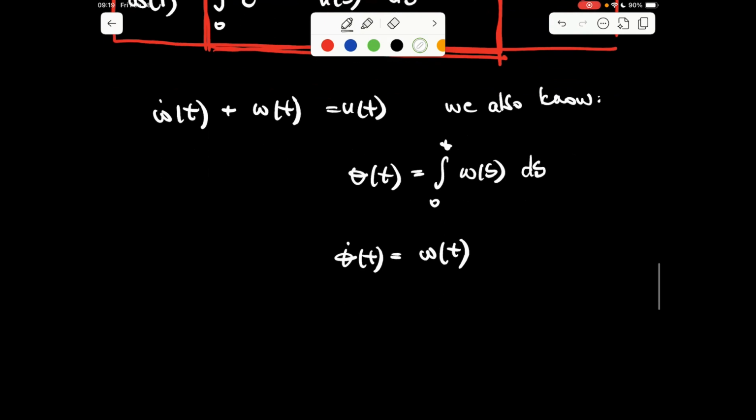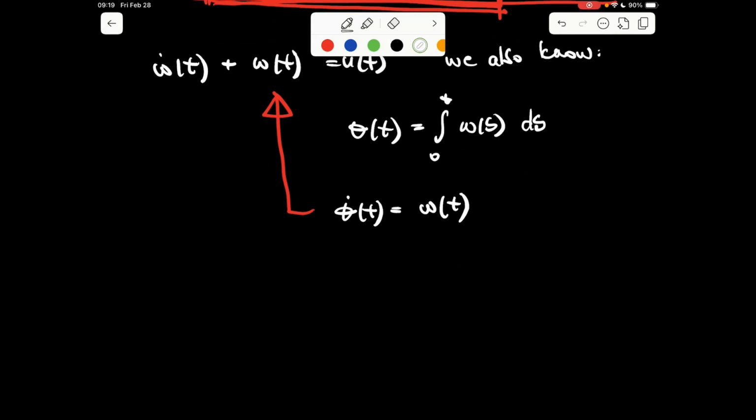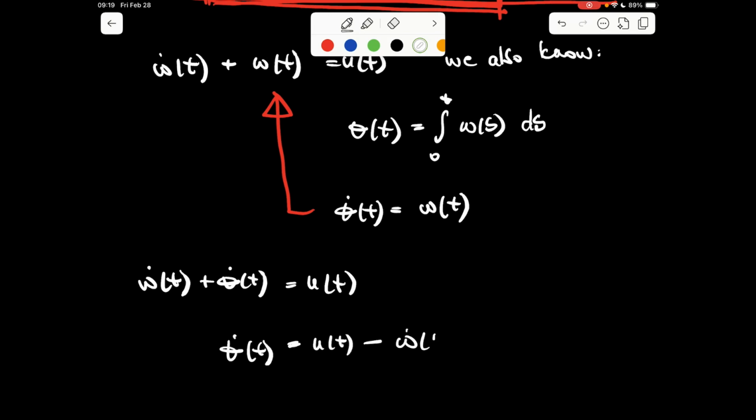Okay, and by substituting this result into the original differential equation, we will have this equation, from which it follows that u(t) minus the time differential of omega is the time differential of theta.